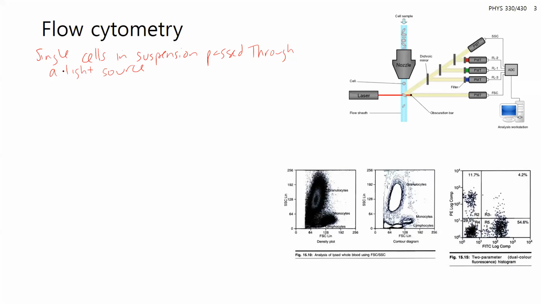Before doing this, the cells themselves can be stained and labeled with fluorophores that indicate a specific molecule or specific state of the cells.